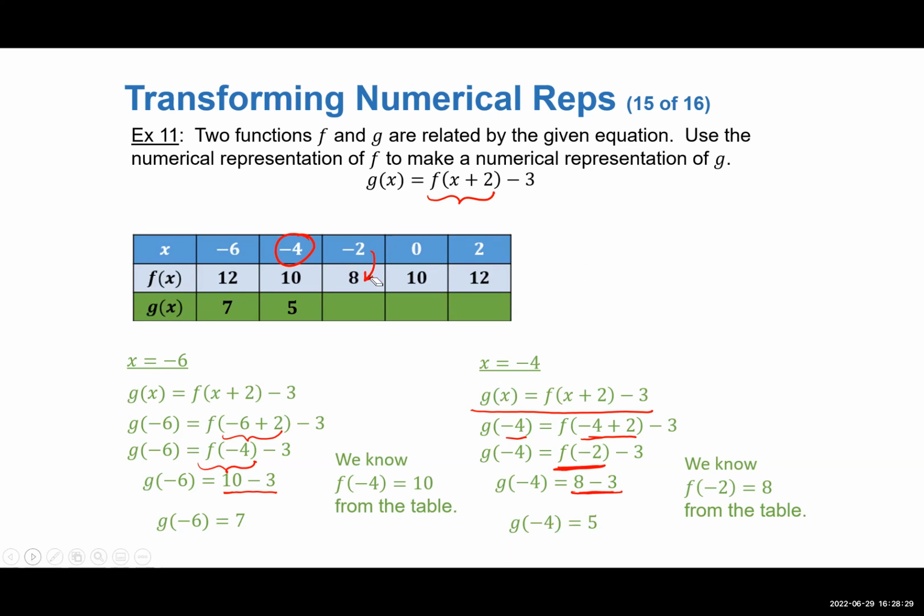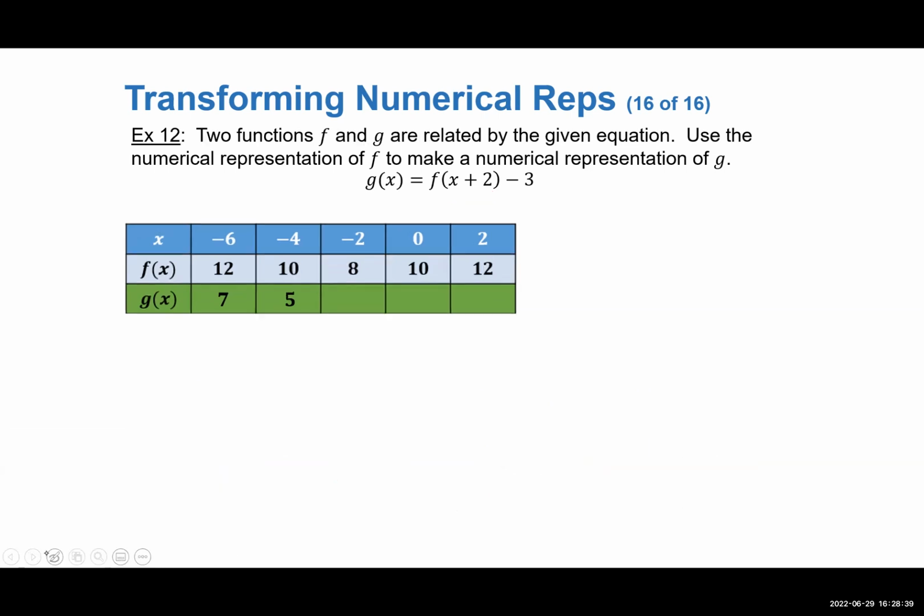You can see the pattern. To find x equals -2 for g of x, let's see if this actually does it with us. Yes. We're going to put in -2 for x. -2 plus 2 is 0. So we're going to be finding the function value at 0, which on this graph is 10.